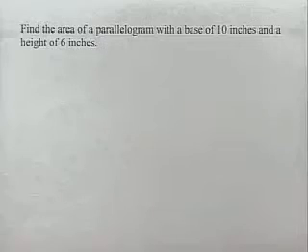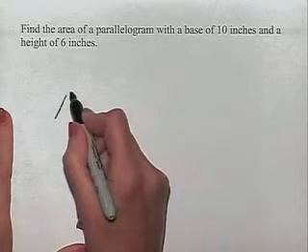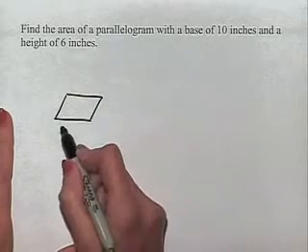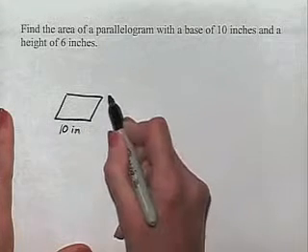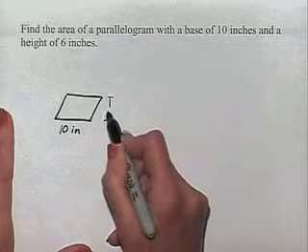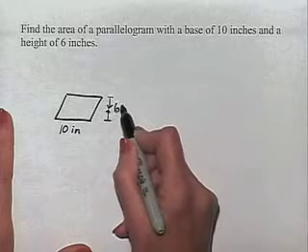Now here's another problem dealing with area, this time for a parallelogram. Find the area of a parallelogram with a base of 10 inches and a height of 6 inches. We're just going to quickly sketch this. We have a parallelogram, and we have a base that has a length of 10 inches, and the height, which would be from the base up, is going to be 6 inches.